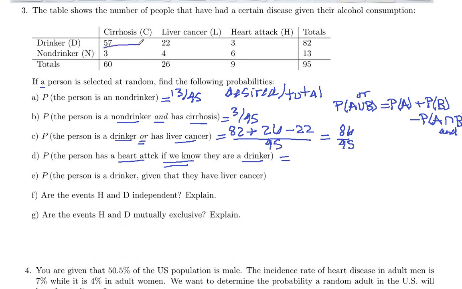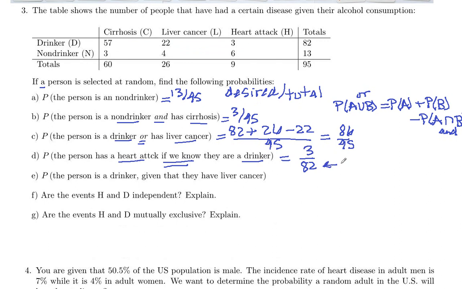So we know that they are in this row here, which is 82. And then out of those 82, how many had heart attack? And that is 3. So 3 out of 82.